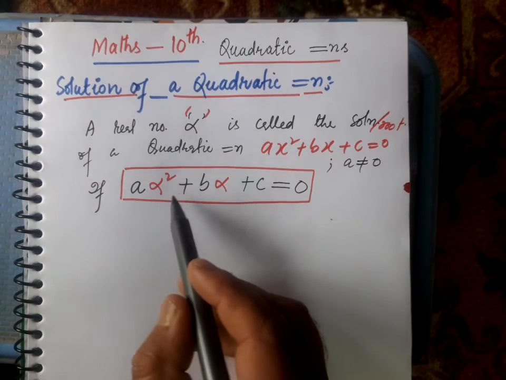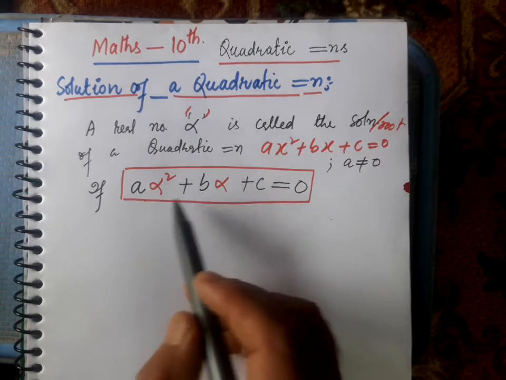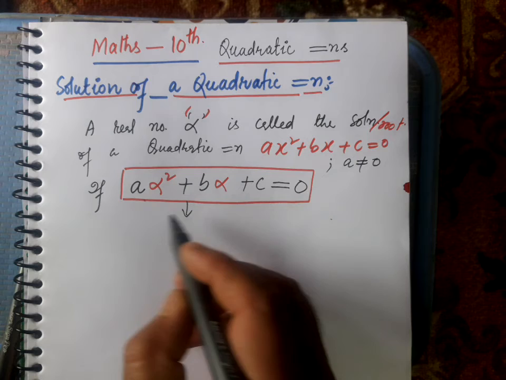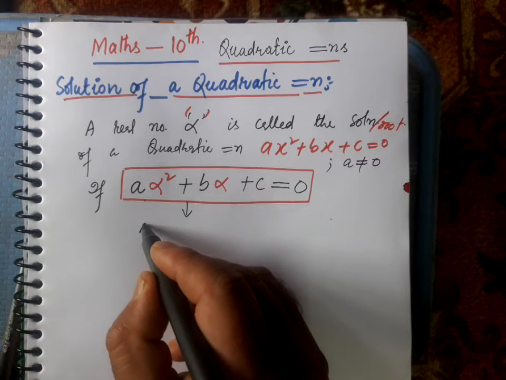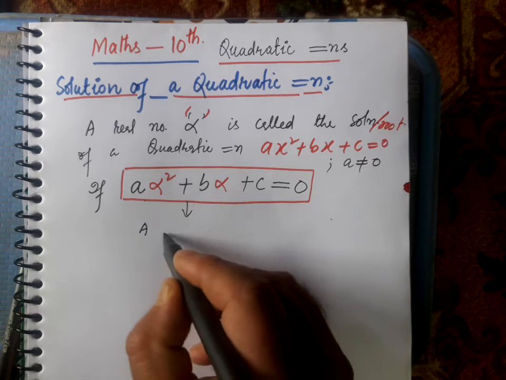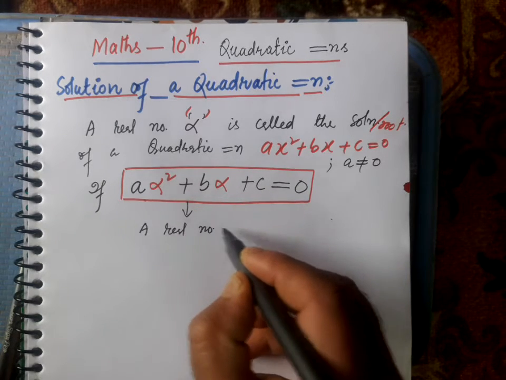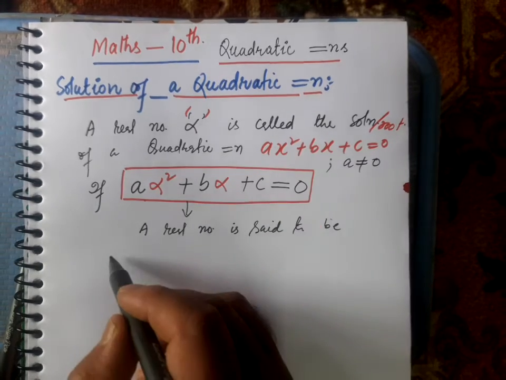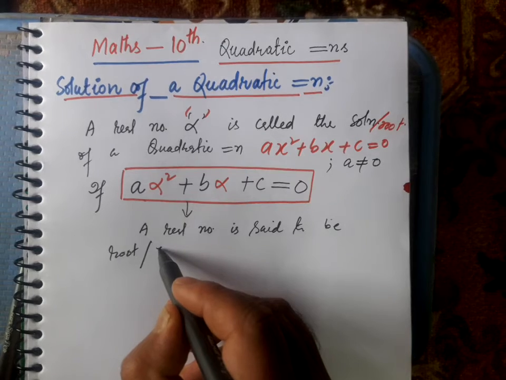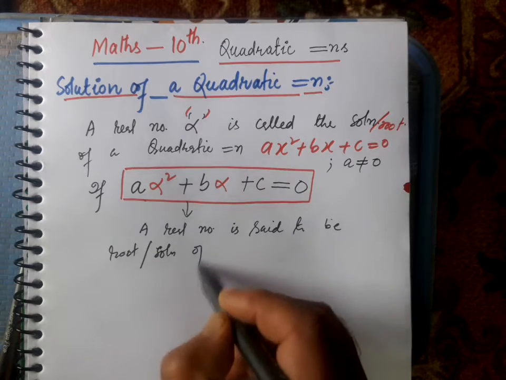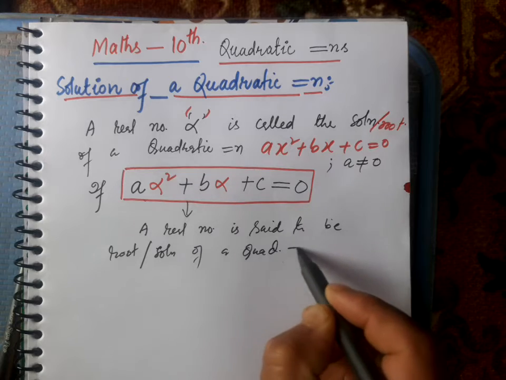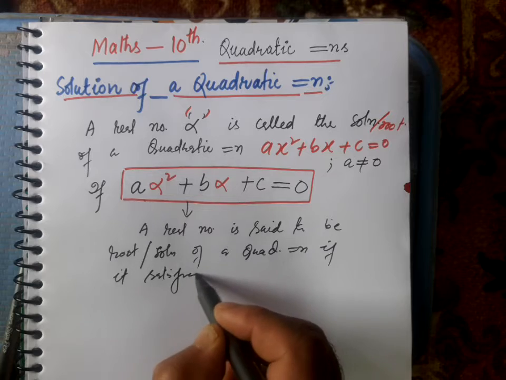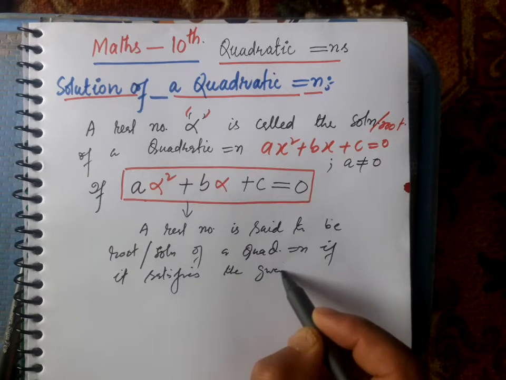So a real number alpha will be the root of the quadratic equation if it satisfies it. In layman's language, we can say that a real number is said to be a root or solution of a quadratic equation if it satisfies the given equation.